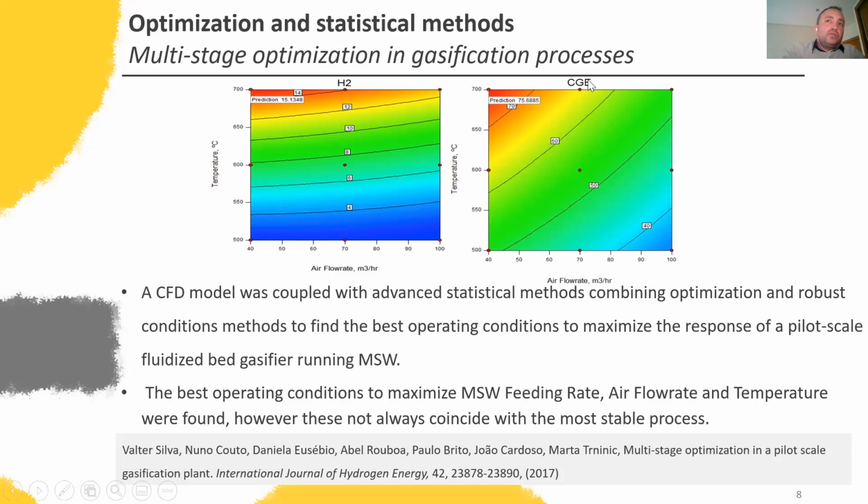If we want to optimize cold gas efficiency, in this case, it was at the same operating conditions. But many times we have to balance between the outputs we intend to optimize, because the optimum spot occurs at different operating conditions. So we develop statistical methods that combine them, and we can say that hydrogen, for example, is 6% of the total weight in our decision.